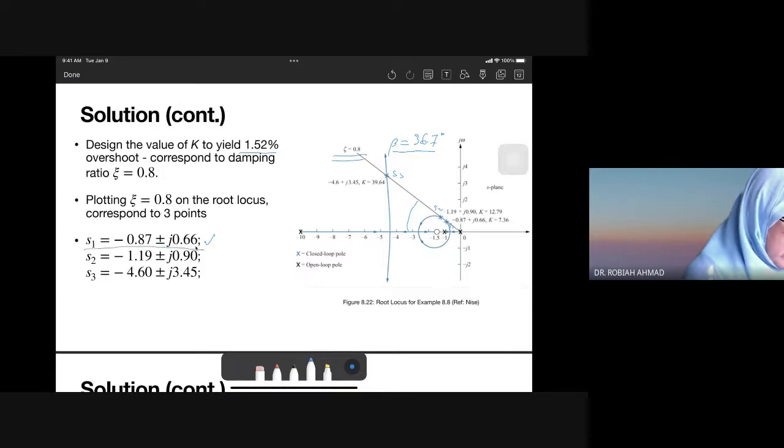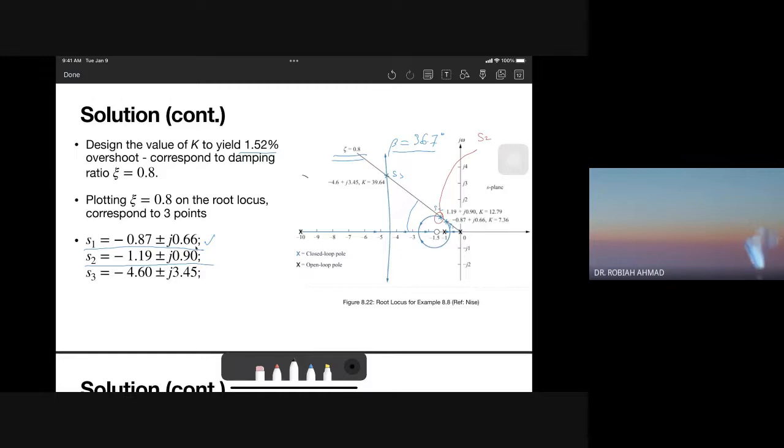So let's say we concentrate on the positive side only. S1 is minus 0.87 plus j0.66. And then we have S2 yang ni, and S3 yang ni.